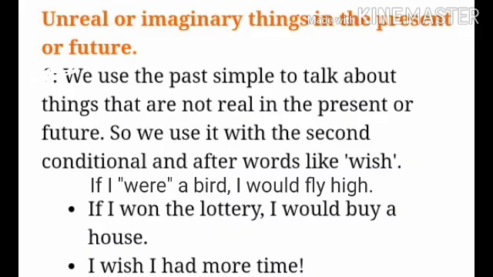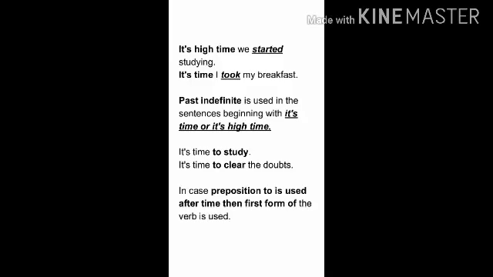And afterwards like wish. Here the first example is, it's high time we started studying. It's time I took my breakfast. In both these examples, you can notice the second form of the verb. It has been underlined, started and took. Past indefinite tense is used in sentences beginning with it's time or it's high time, and it conveys present sense only.